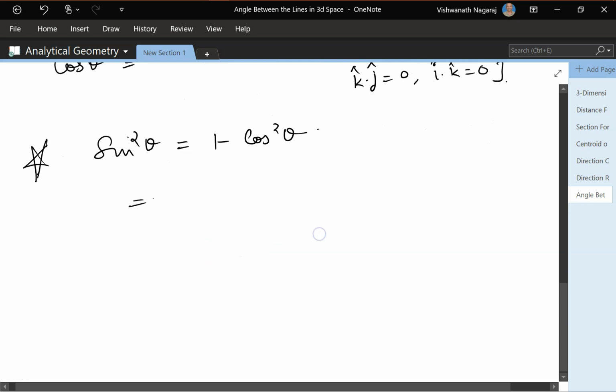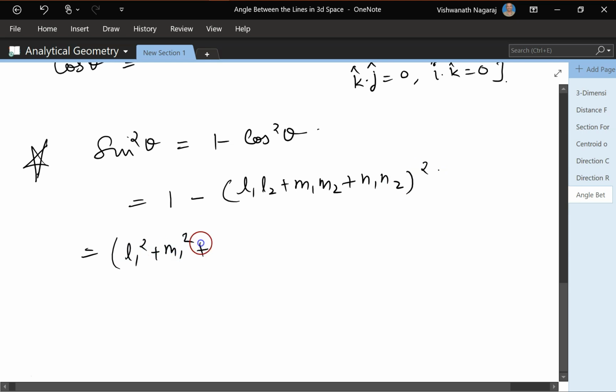We know this. Now 1 minus, we know cos theta, so (l1 l2 plus m1 m2 plus n1 n2) square. We know l1 square plus m1 square plus n1 square is 1, so we can substitute 1 with this.